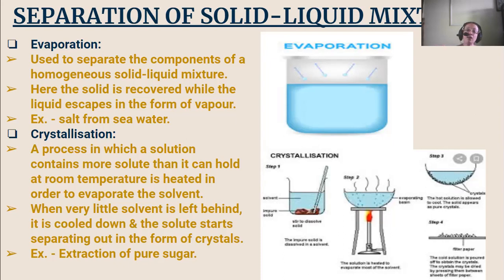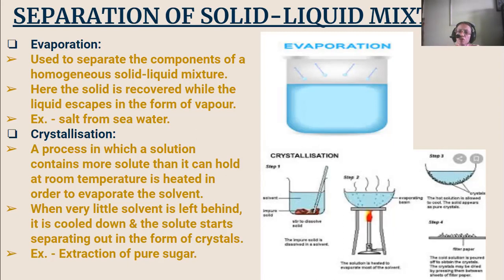Now one thing you know, that when a solute dissolves in a liquid, more of the solute will get dissolved in the same liquid at a higher temperature. The solubility of the solute increases with the rise in temperature.